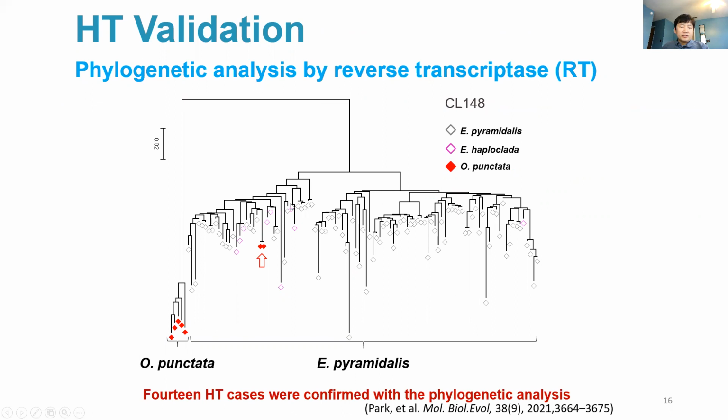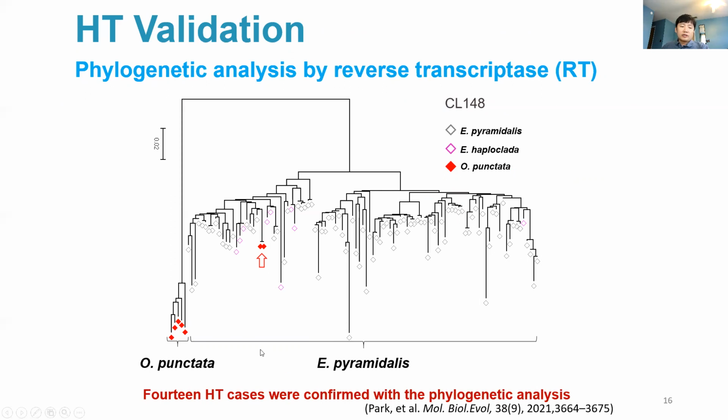In this figure, the filled red diamonds indicate the reverse transcriptase homologs from Oryza punctata, and the empty diamonds indicate those of Echinochloa pyramidalis and Echinochloa haploclada.